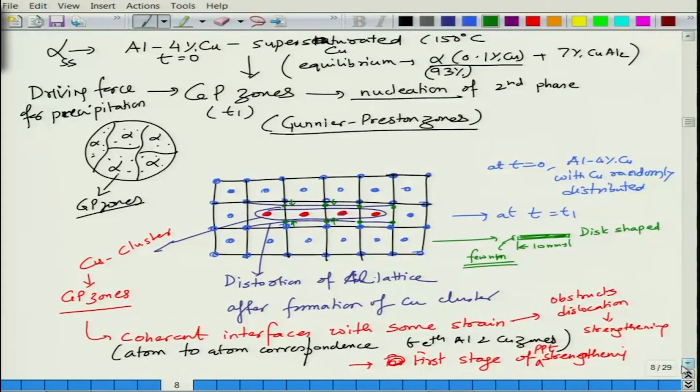Within the microstructure you may see them. If you look at the microstructure, you may have these alpha grain boundaries. These are all alpha, and within this alpha you may have these thin GP zones. So these are very thin discs.